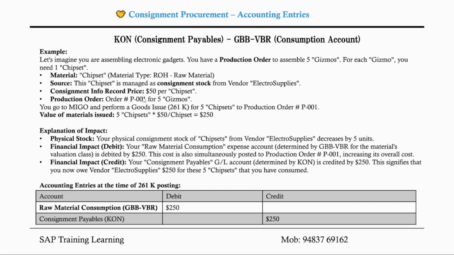Each chipset in the info record price is $50. So you go to the MIGO transaction and perform a goods issue with 261K to issue the stocks to production order for 5 chipsets. Okay, P-001. So the value is 5 into 50, $250 worth.